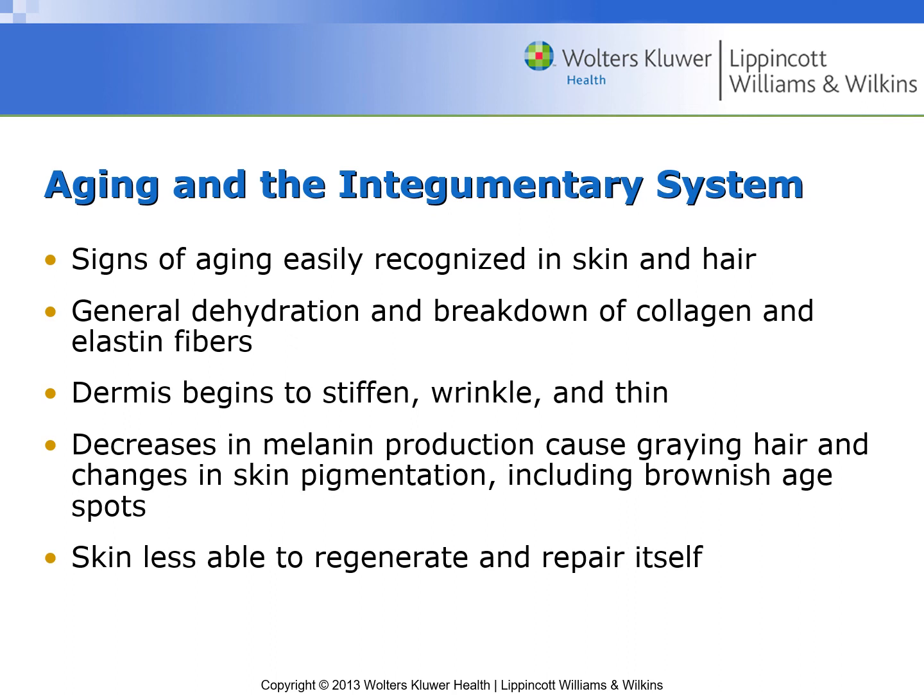There is usually a decreased production of melanin, which causes the graying of the hair and changes in skin pigmentation, which includes brownish age spots. The skin is generally less able to regenerate and repair itself.